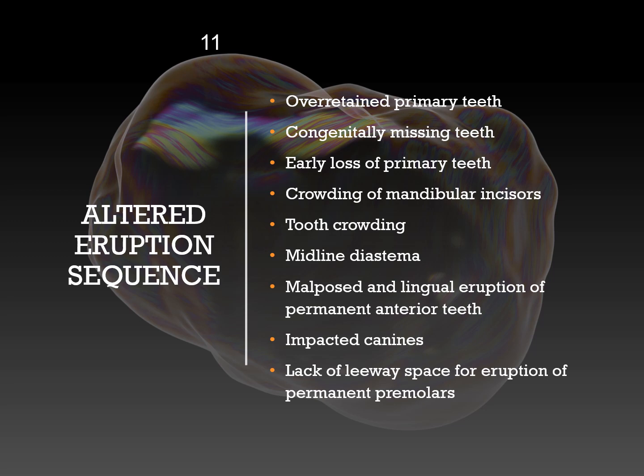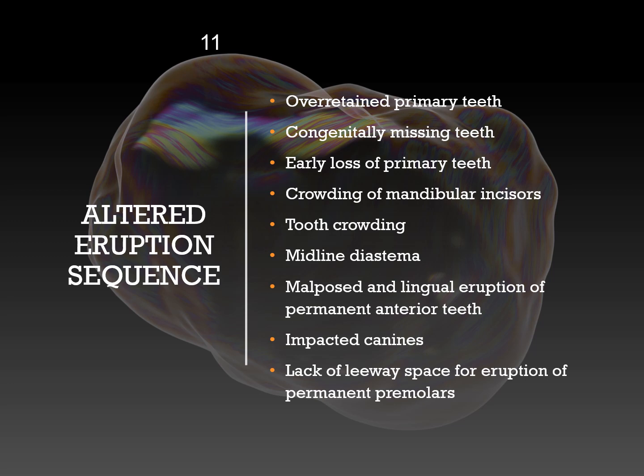How crowded are those mandibular incisors? Again, those mandibular permanent teeth are much larger than the primary teeth. Did the child, as a young child, have the proper primate spacing between the teeth? A lot of parents have concerns when they see that primate spacing, and think my child has spacing between their teeth, which we really want to see.